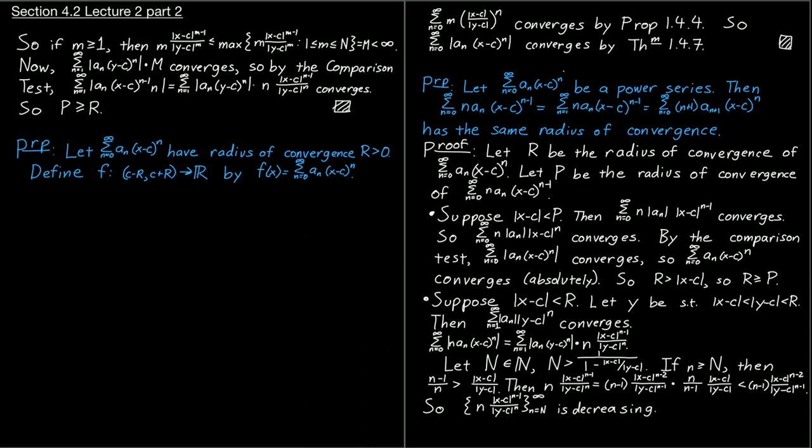And then f is differentiable and also continuous. Differentiable implies continuous, but let's write it explicitly. And also, I can write down a power series for the derivative, and it's exactly the power series you think it ought to be.